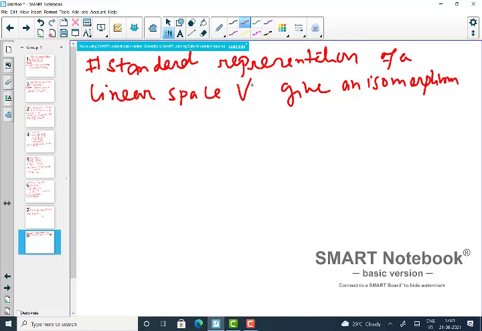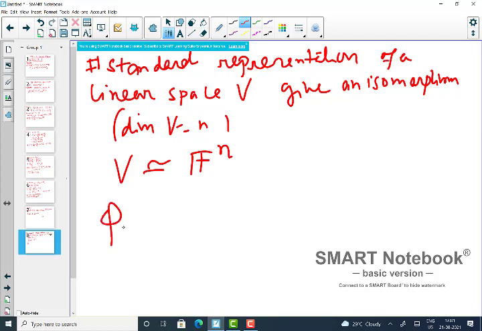I'm assuming that V is finite dimensional, so maybe the dimension of V is equal to, say, n, an isomorphism from V to Fn, right? What was the map? You define phi with respect to some basis, say B, and you send the vector v to its coordinate vector. So the coordinate vector of v will be a column matrix. Okay, so this is an element of Fn.